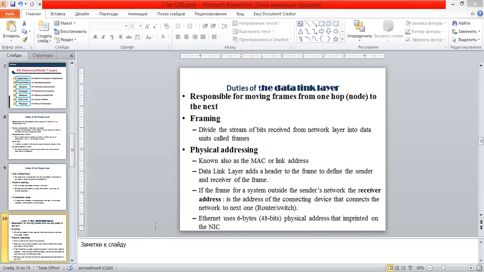It breaks the outgoing data into frames and reassembles the received frames, creates and detects frame boundaries, handles errors by implementing an acknowledgement and a retransmission scheme, implements flow control, supports point-to-point as well as broadcast communication, supports simplex, half duplex, and full duplex communication.